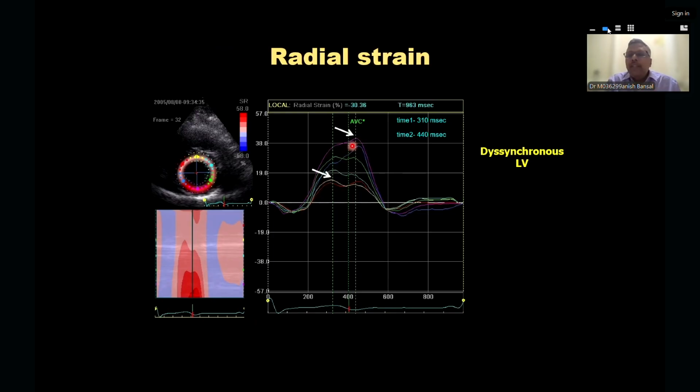By looking at these peaks, we can make out which segment is contracting last. Second, if the radial strain is less than 10%, it indicates that this particular segment is scarred, not going to recover. So by looking at radial strain, we can make out which segment is scarred or not scarred and which segment is contracting last.